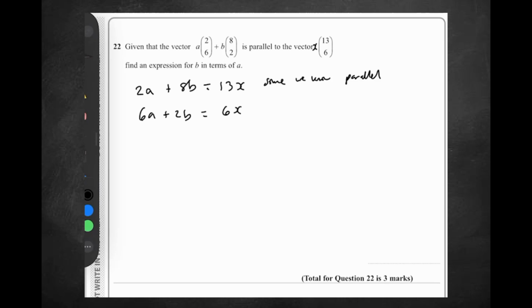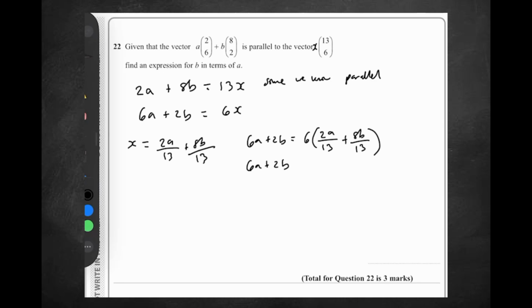So let's get x on its own. So we're just going to say x equals 2a over 13 plus 8b over 13, and then we're going to put that x into the other equation. So that will be 6a plus 2b equals 6 lots of 2a over 13 plus 8b over 13. So 6a plus 2b equals 12a over 13 plus 48b over 13.